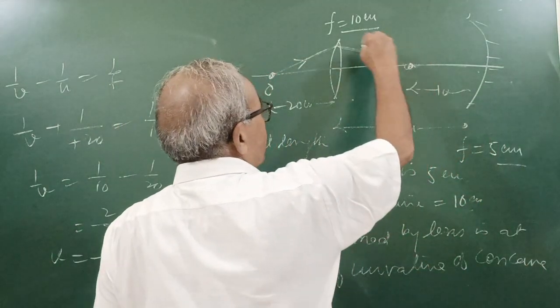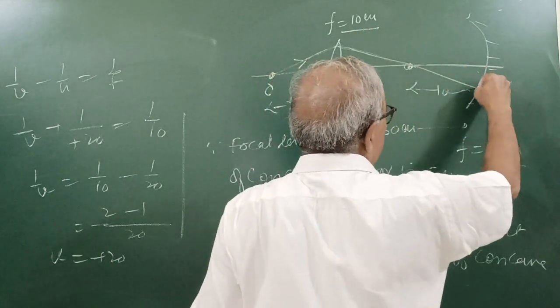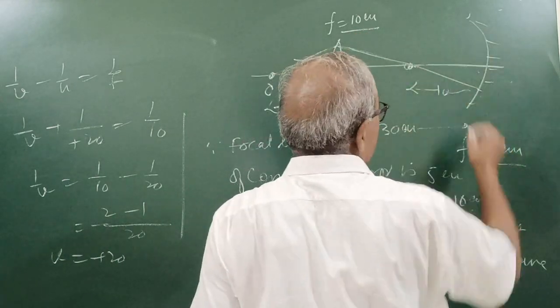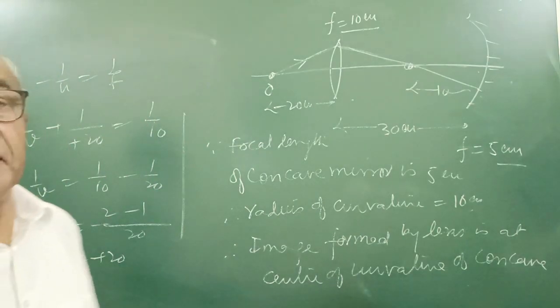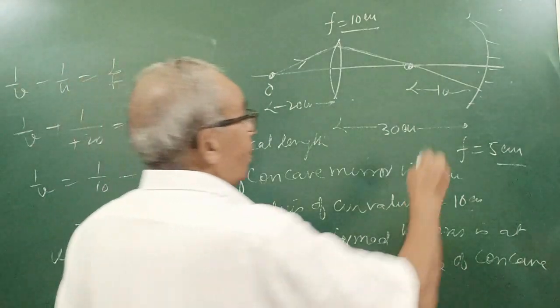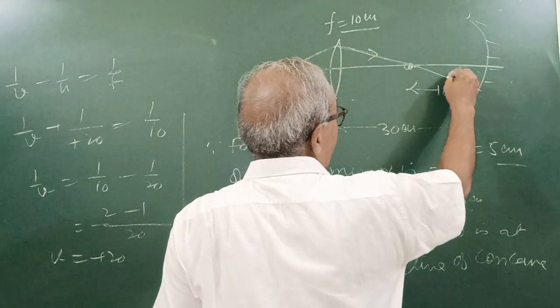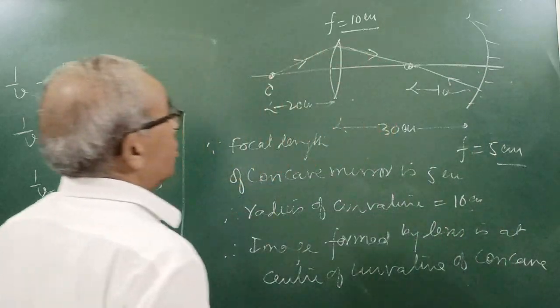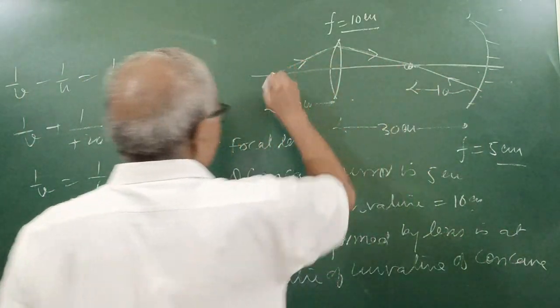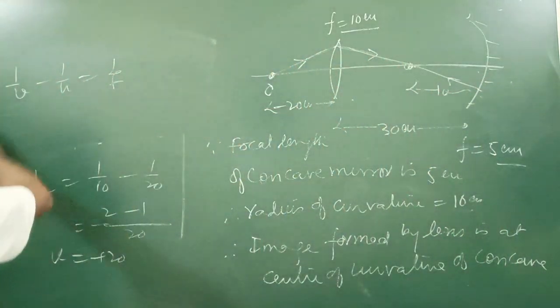If it is the center of curvature and this ray falls here on the mirror, it is falling normally. Radius is perpendicular to the tangent, and when a ray falls normally, it is reflected back on the same path. So it means the final image will be at O.